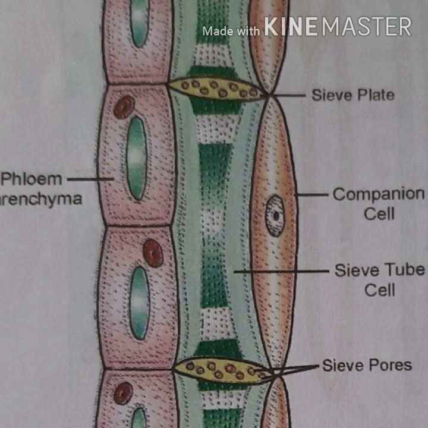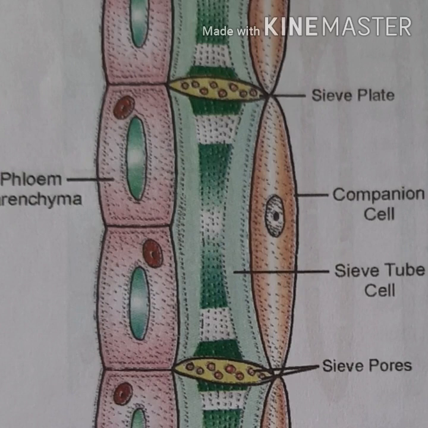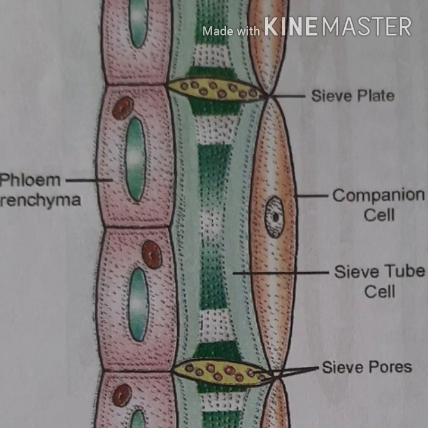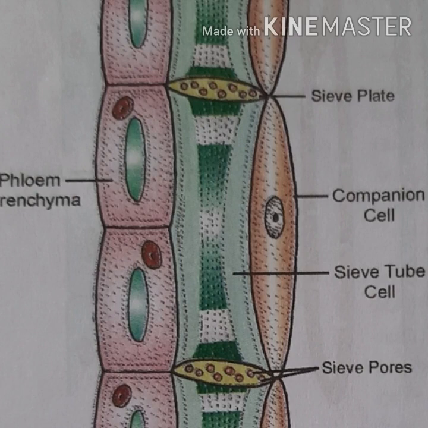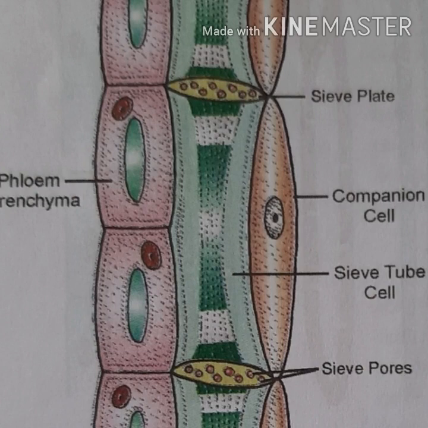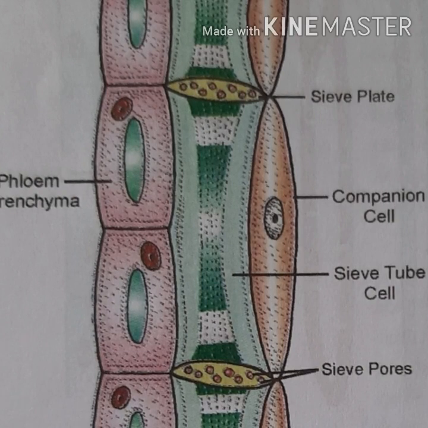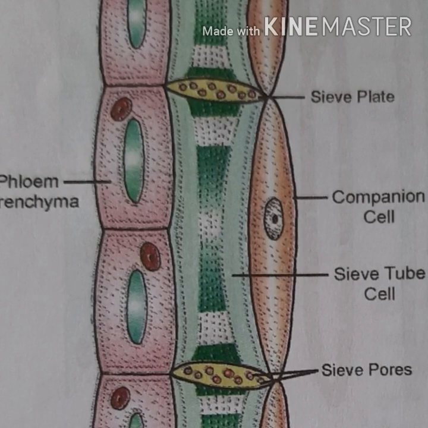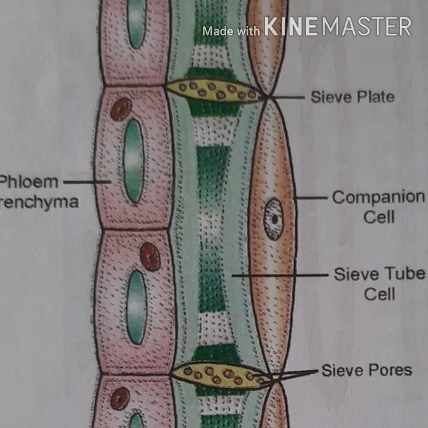They have two functions, that is storage and slow lateral conduction of food. Next, phloem fibers. They are the only non-living components of phloem. Phloem fibers are thick-walled, elongated, spindle-shaped dead cells which possess narrow lumen. They provide mechanical strength to the tissue.